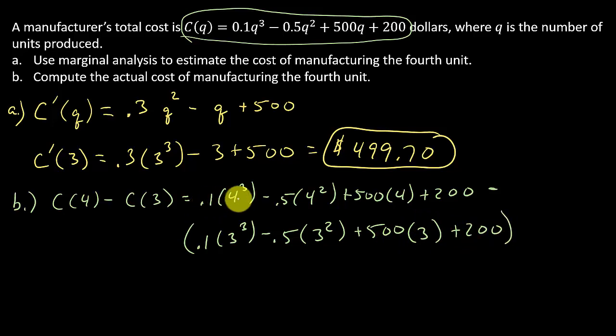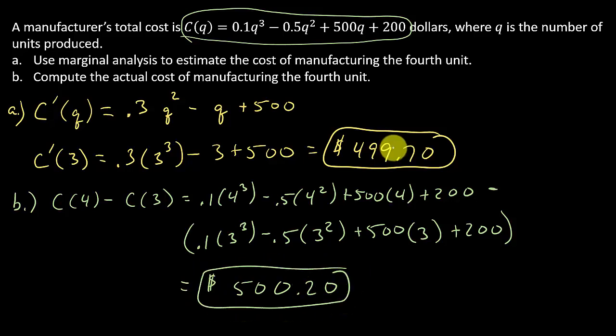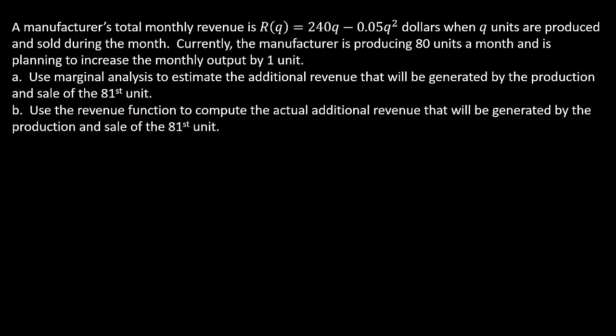You would just punch this into your calculator, and then do this minus this. And when you do that, you end up with $500.20. So you can see our estimate is not far off at all from the actual cost of manufacturing the fourth unit.